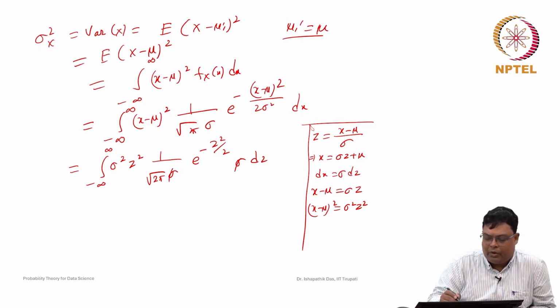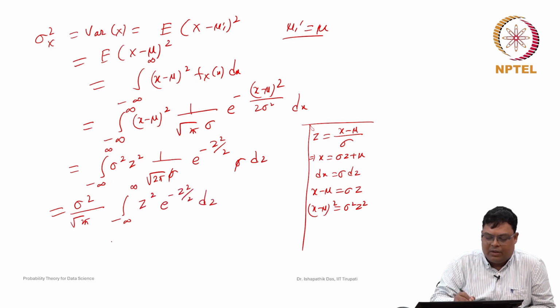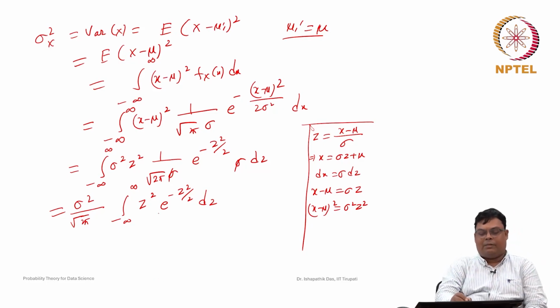Then what we found is sigma square into sigma square by root 2 pi, the integral from minus infinity to plus infinity of z square e to the power of minus z square by 2 dz.